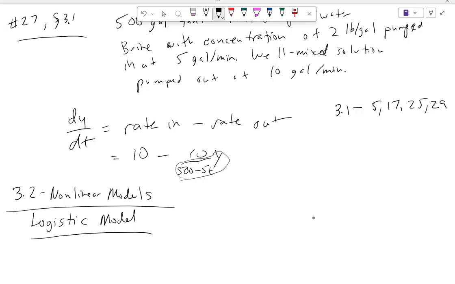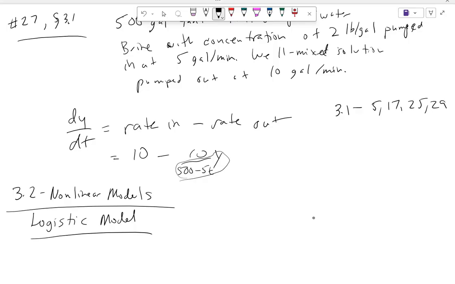What I mean by that is, certainly if you've got infinite resources and, say, no predators, the population of an organism, whatever it happens to be, should follow an exponential model. It should just be how many there are. If there's nothing to inhibit the growth, then it should grow exponentially.